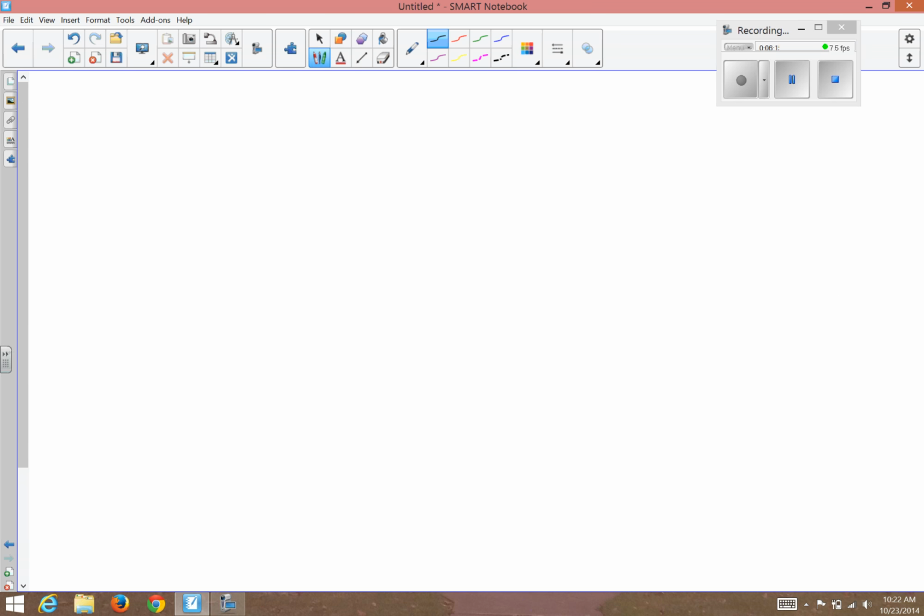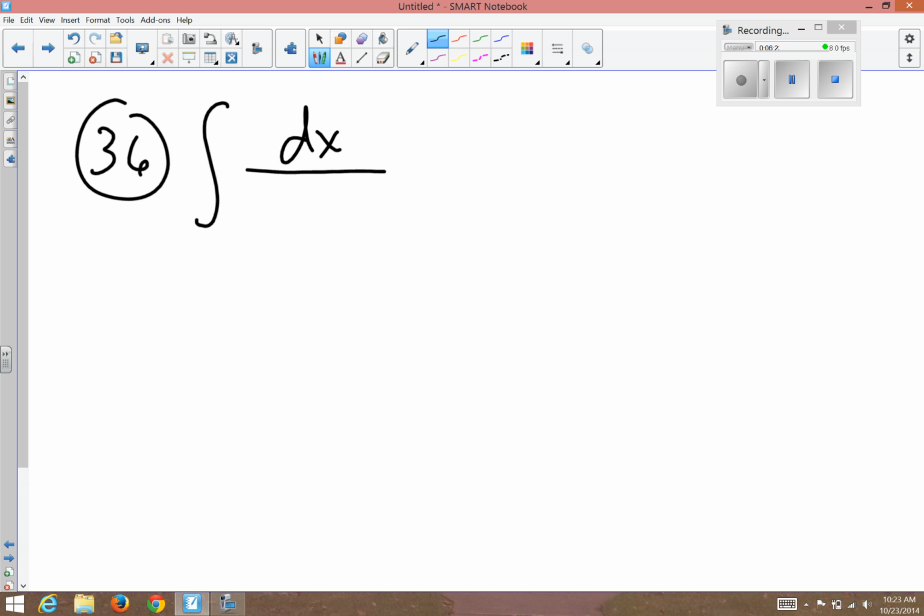Next one is number 36. Integral, or antiderivative, of dx over sine squared 3x.